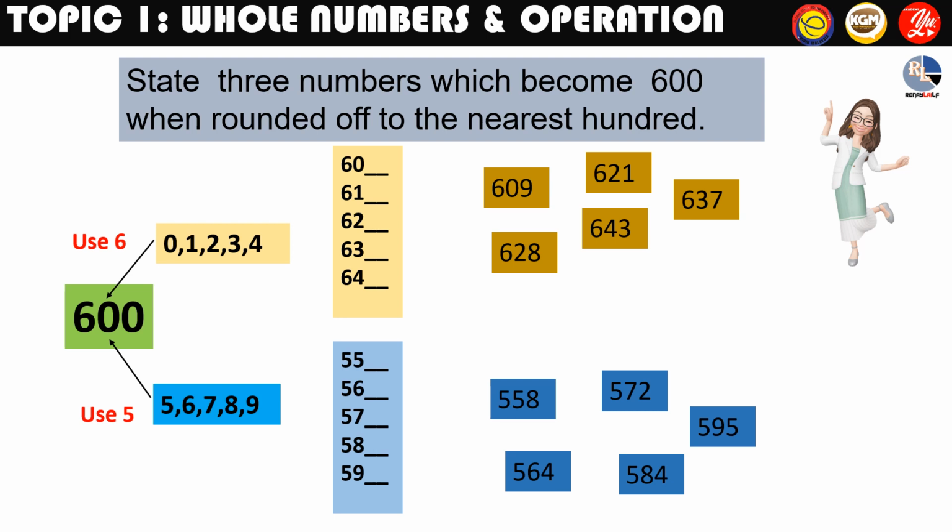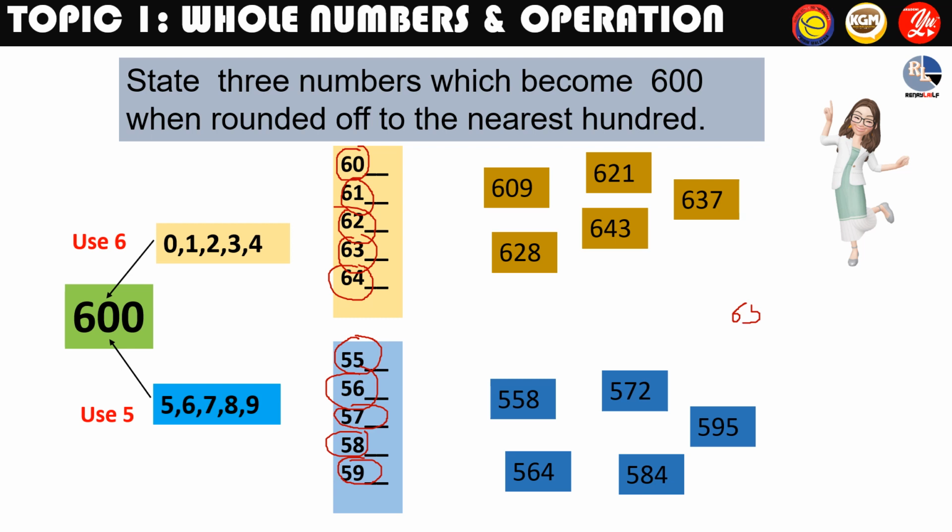So you can just pick any 3 numbers you like, provided it starts from 60, 61, 62, 63, 64, 55, 56, 57, 58, 59.